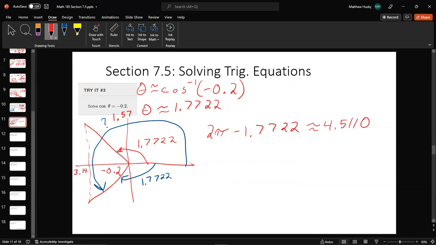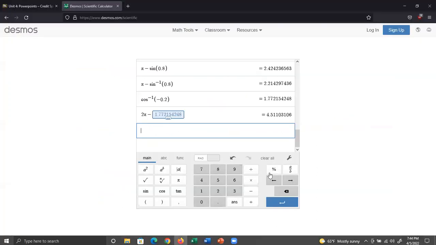Let's see, this is 2 pi, which is like 6.28. So 4.5 is going to be somewhere between there and there. This incidentally is 3 pi over 2. It's good to have reference numbers, just to kind of know what you're looking for.